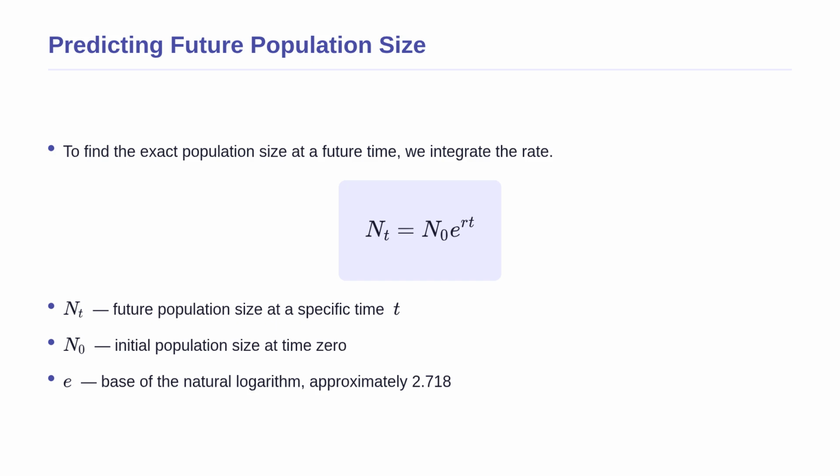We calculate this by taking N sub 0, which is our initial starting population, and multiplying it by e raised to the power of r times t. The letter e is a mathematical constant, roughly 2.718, that naturally appears in continuous growth processes. This shows that the future population compounds continuously, depending heavily on how long it has been growing and the intrinsic rate of growth.